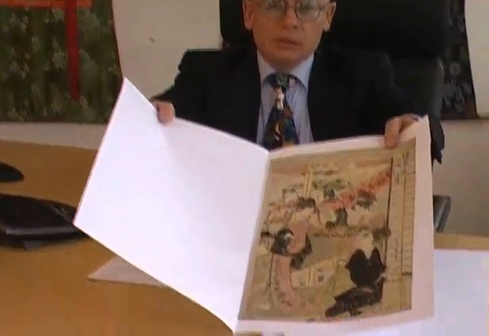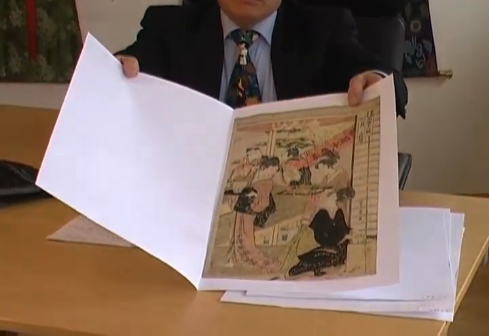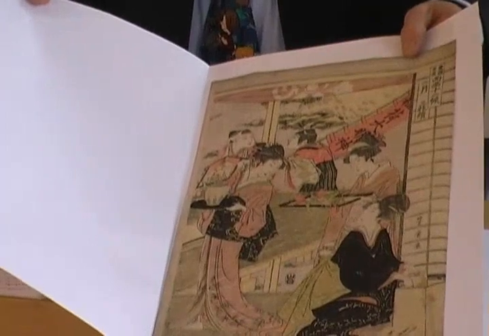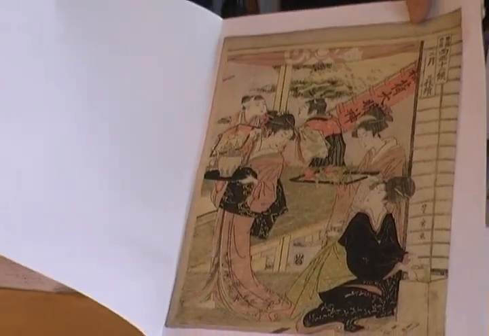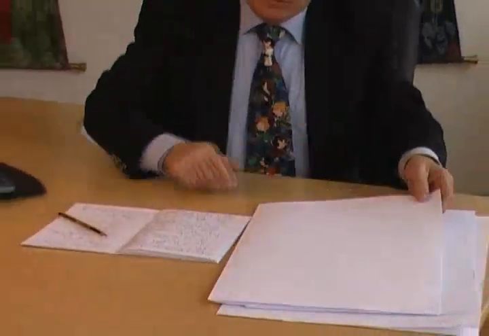It defines itself quite easily. Edo is everything made before 1867. Let me show you one example. This is a typical Edo print made in the early 19th century. The Edo period is also called the classical period.